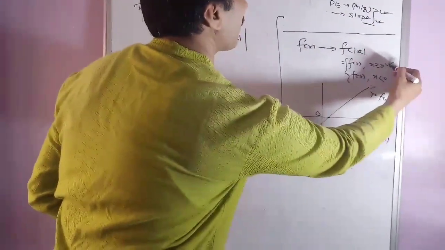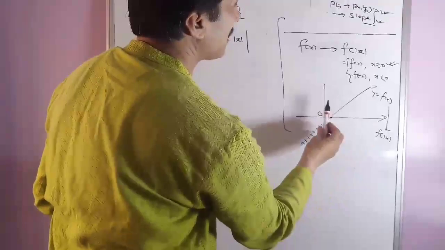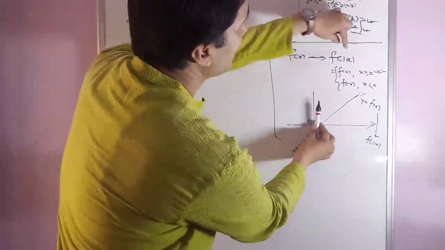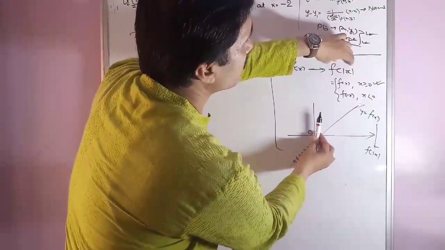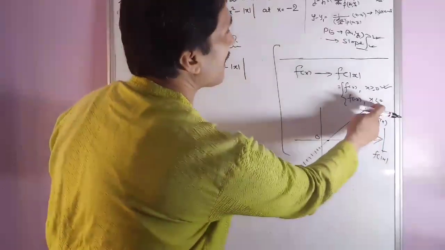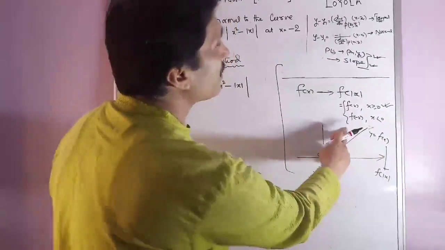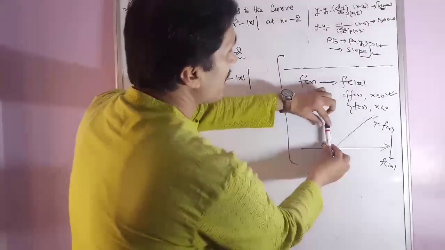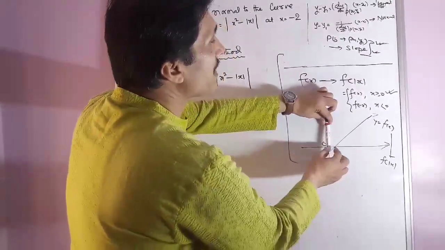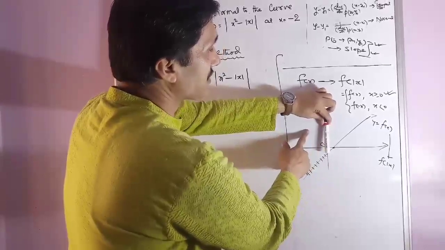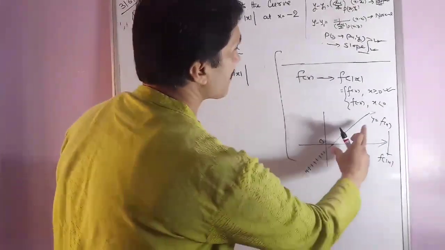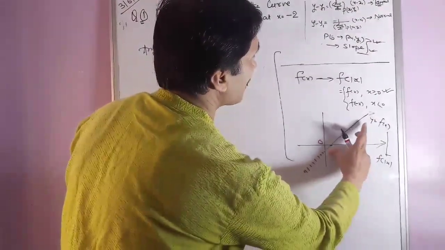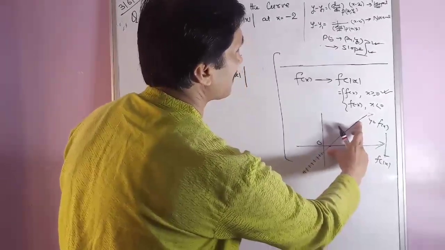First step, for x greater than or equal to 0, that is right of the y axis, f of mod x and f of x are both the same. When x is less than 0, we know f of mod x is f of minus x, so we take the image of the graph about the y axis. Here in the first step we retain this portion.